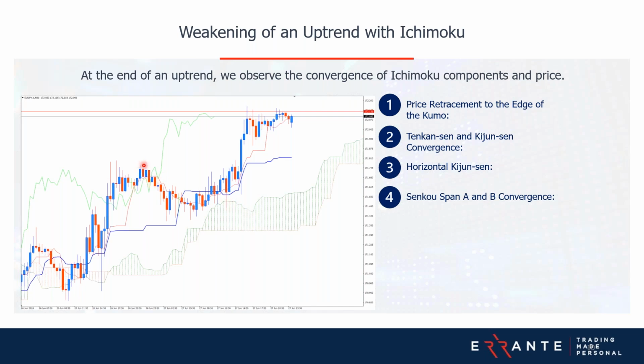For example, following this market correction, we have the convergence between the Senkou span A and B. So this is an indication of the thinning of the Kumo, which is interpreted as less momentum or volatility in the market.